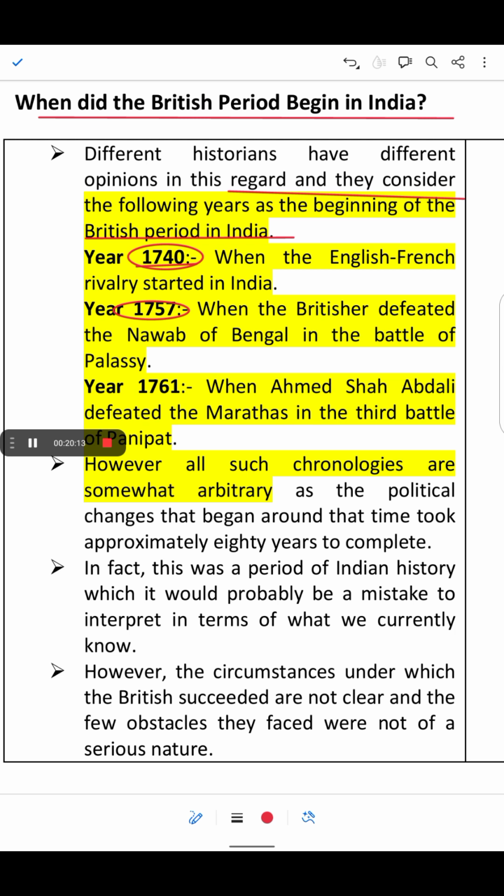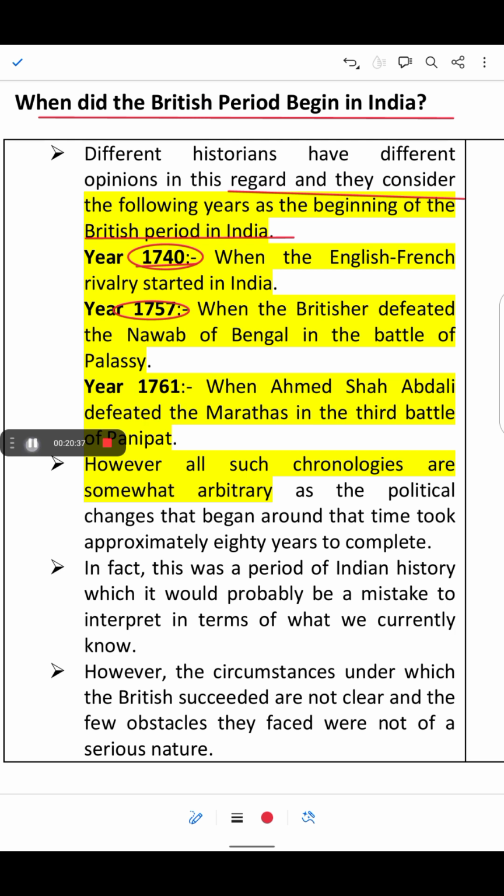It got the Diwani rights as well. So this is how after 1757 the British started to establish direct political and military control over a vast area of India, marking the start of a more structured colonial power rather than just a trade-based influence.